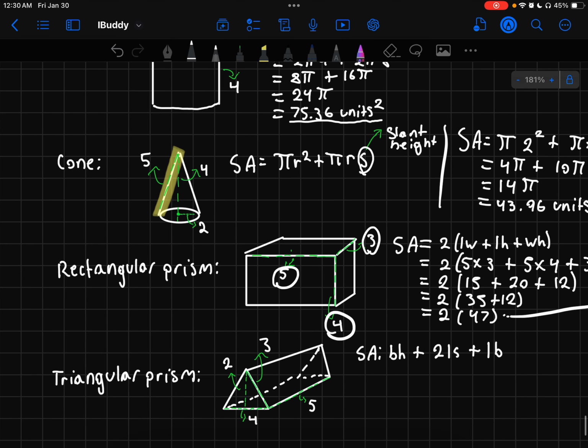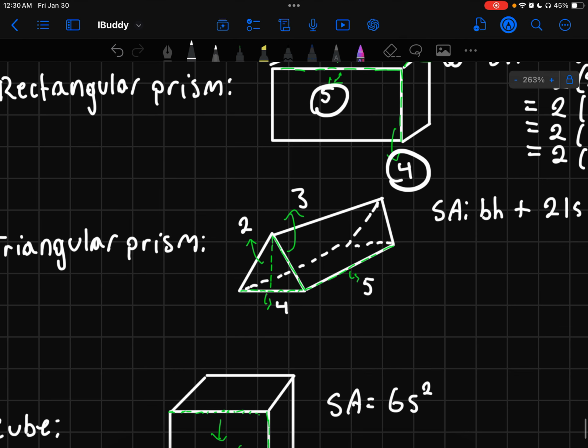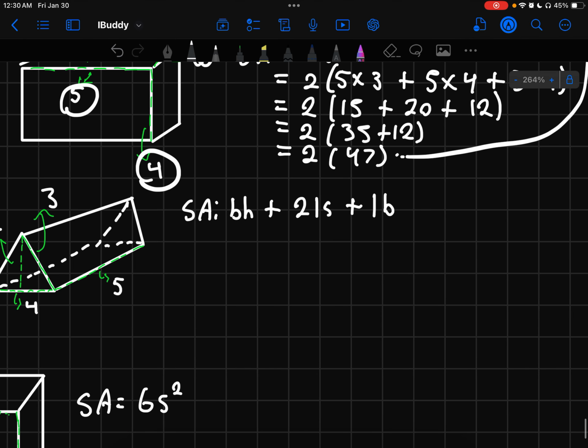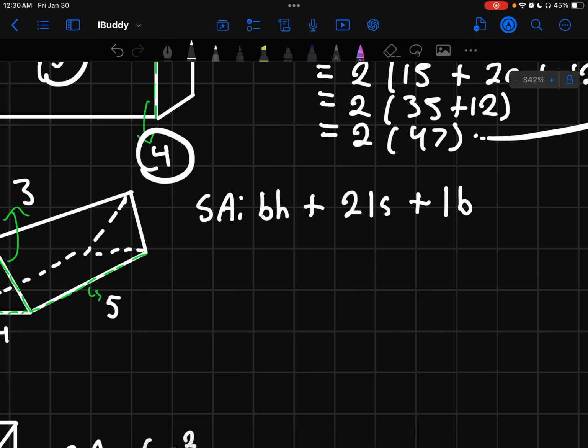Okay, so now moving on, we have the triangular prism. The formula to solving the triangular prism surface area is base times height plus 2 times the length times the slant height, which is right here, as we can see, plus the length times the base. So we can start this.